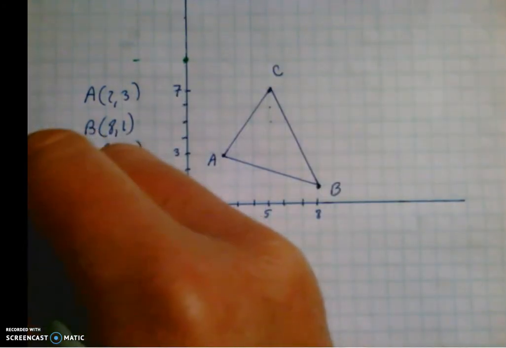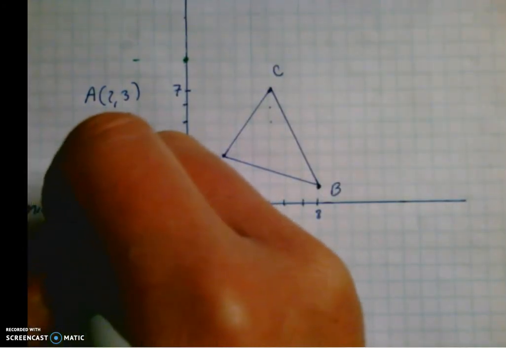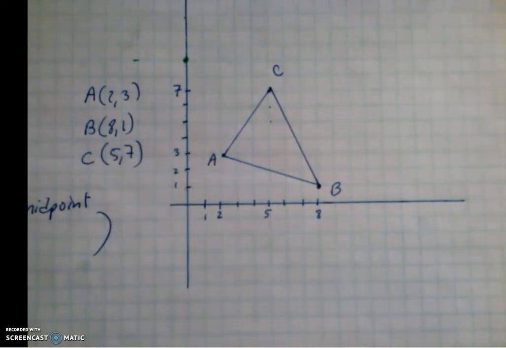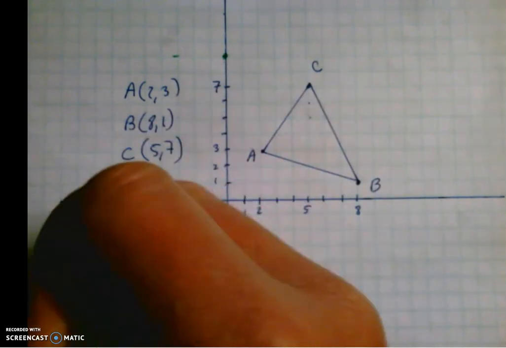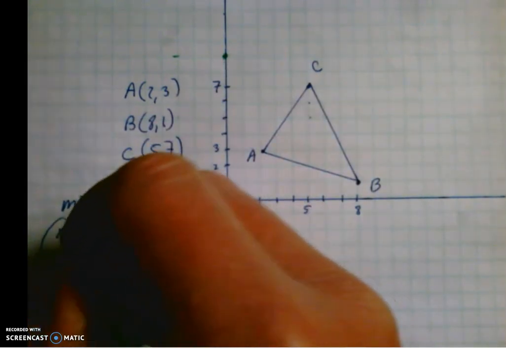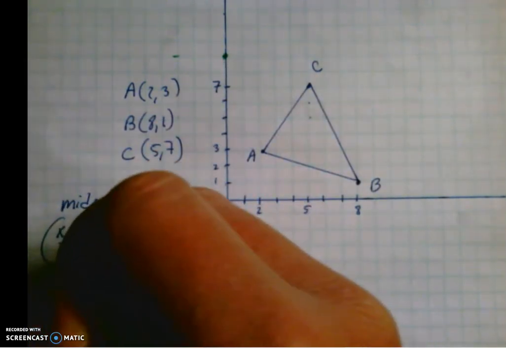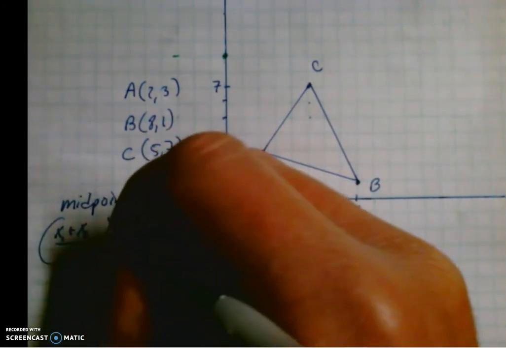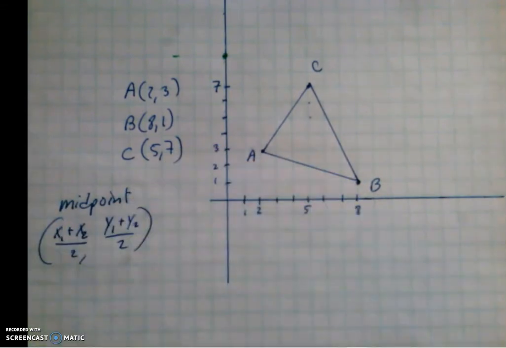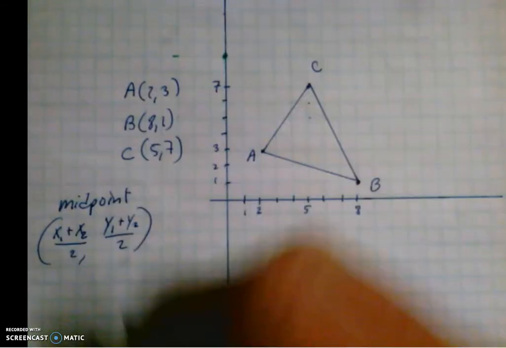So the midpoint formula is not too hard to do and not too hard to remember. What you want to do is take the x's and add them up and divide by 2. You're basically finding the average. And do the same thing with the y's. So for A and B, let's find the midpoint.